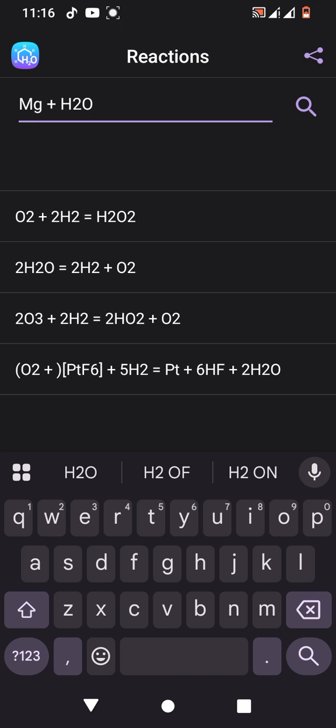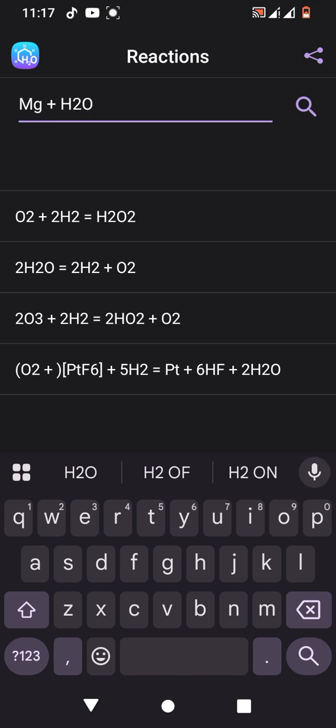Remember, Mg contains a capital letter and a small letter. Be careful of your capitalization of your alphabet, because this is a programmed app. So one mistake, if you enter a small letter h, it won't understand what you're trying to say. So we are reacting magnesium plus water. So this is actually a reaction we are going to be dealing with during our session on salt.